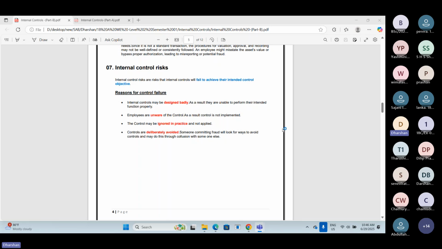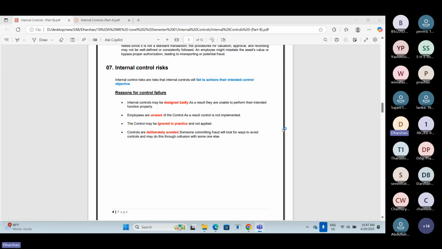Controls, risk, roles and responsibilities of employees. They miss communicating to relevant employees. Then in the implementation process, they may face difficulties. Employees were not informed. Then they can't implement. That is also a risk. The control may be ignored in practice or not applied.